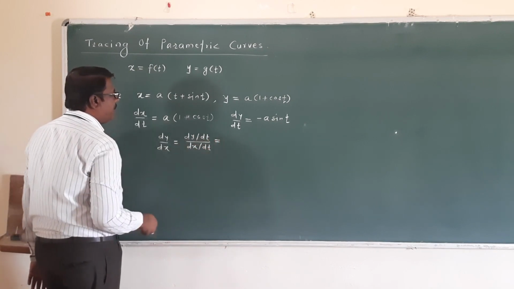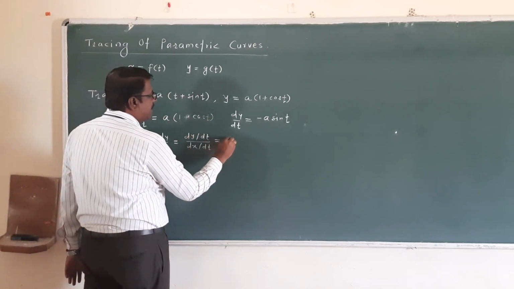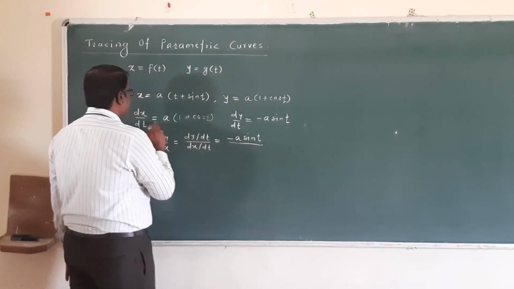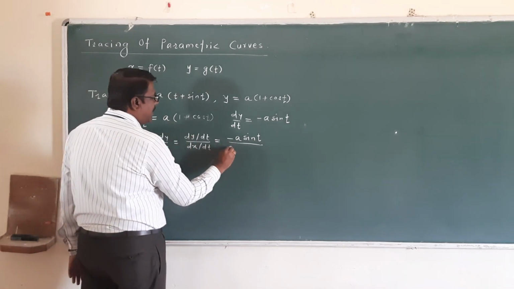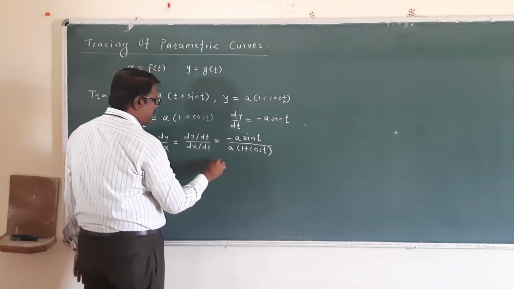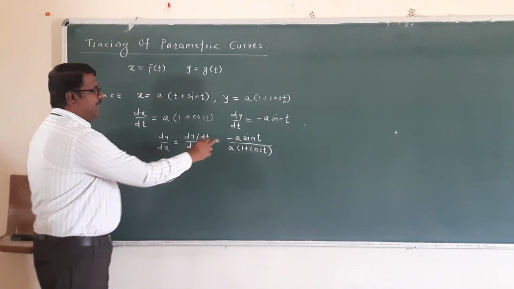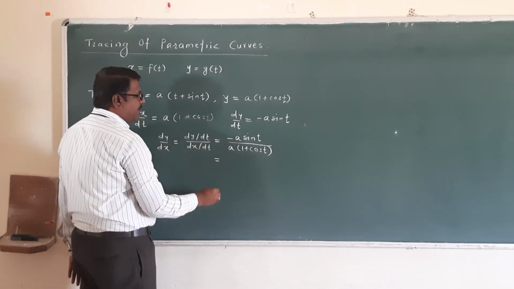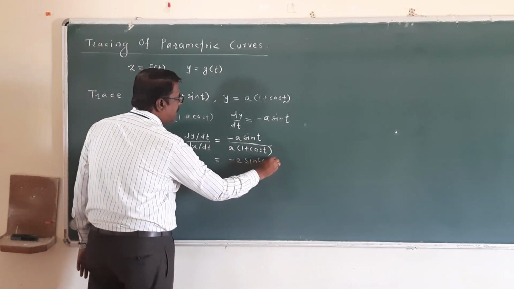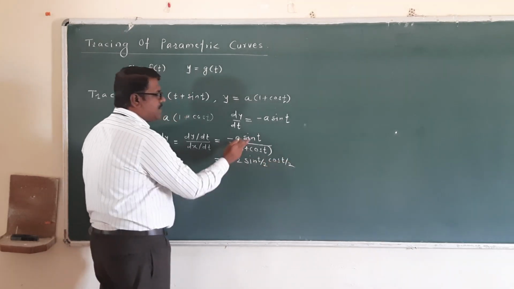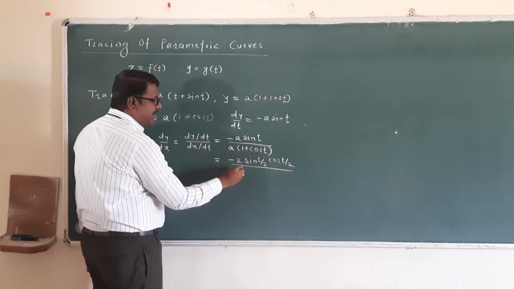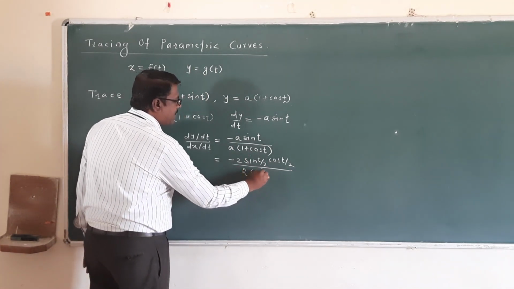So dy by dx is minus a sin t divided by a into (1 plus cos t). When we simplify, the a gets cancelled, and it is equal to minus 2 sin t by 2 cos t by 2 divided by 2 cos square t by 2.